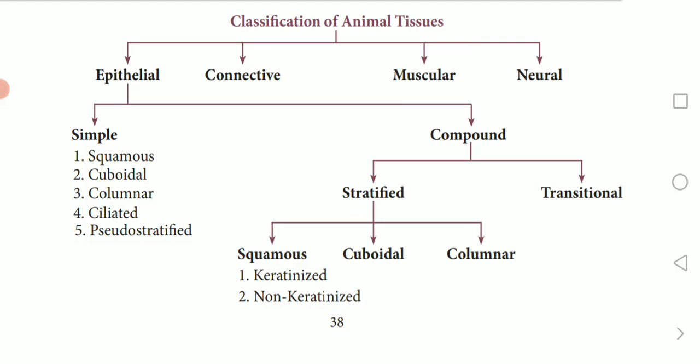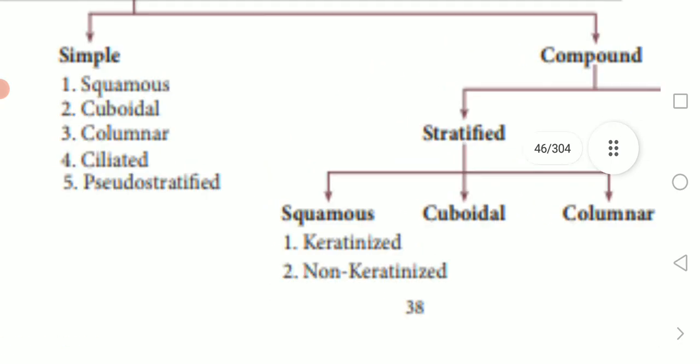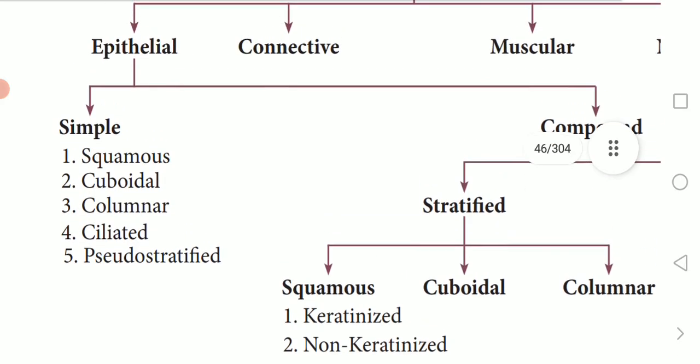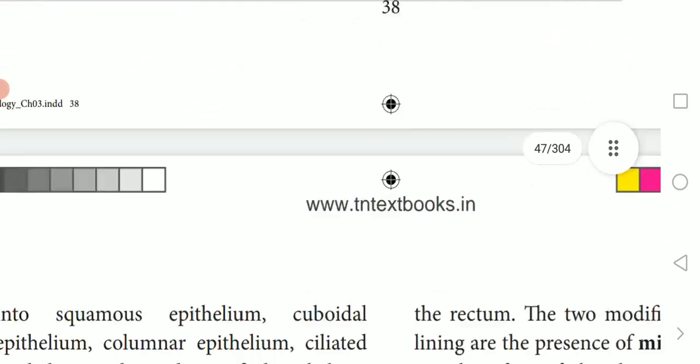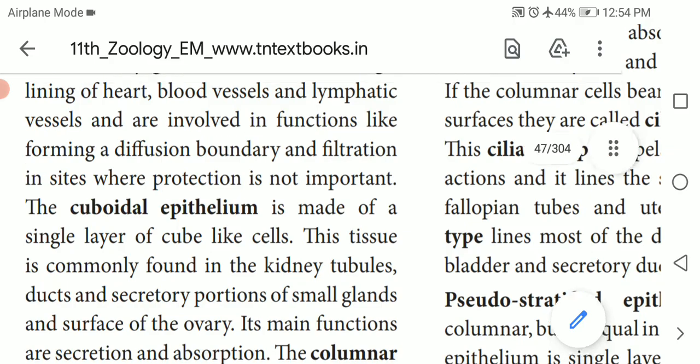Simple epithelial tissues are classified into five: squamous epithelial tissue, cuboidal epithelial tissue, columnar epithelial tissue, ciliated epithelial tissue, and pseudostratified epithelial tissue.